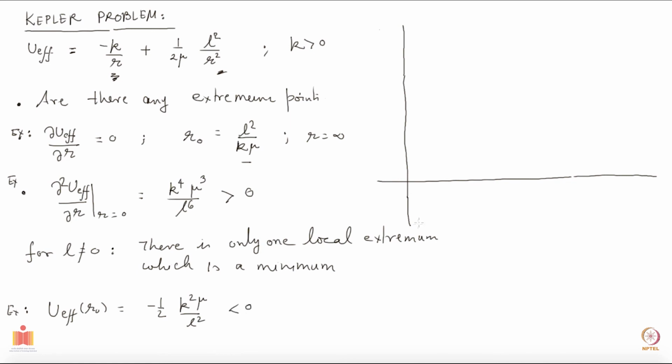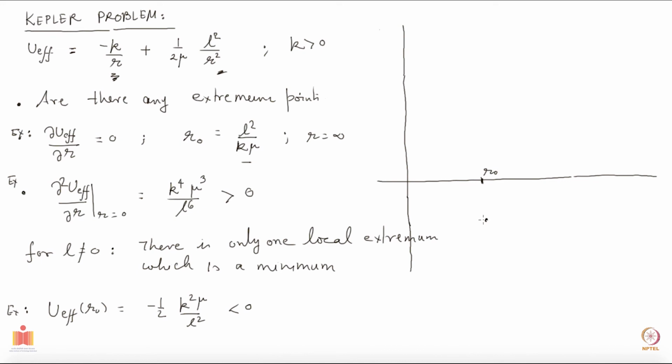Now I know quite a lot. Let's say this is r naught, and this is the value of U effective at this point, which is negative. That's why I've chosen this point to be here. Then it goes asymptotically to 0, because as r goes to infinity, this goes to 0.